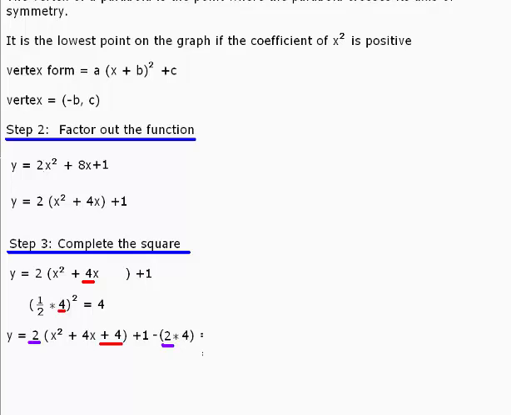So if we're adding a 4 which is being multiplied by a 2, we also have to subtract that 4 multiplied by 2 in order not to change the original function. If we calculate that through, this reduces to 2 times the bracket x squared plus 4x plus 4 end bracket, minus 7.